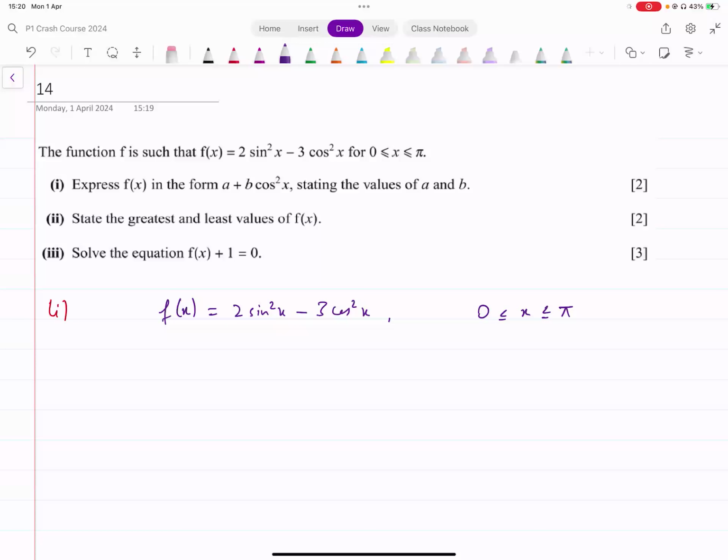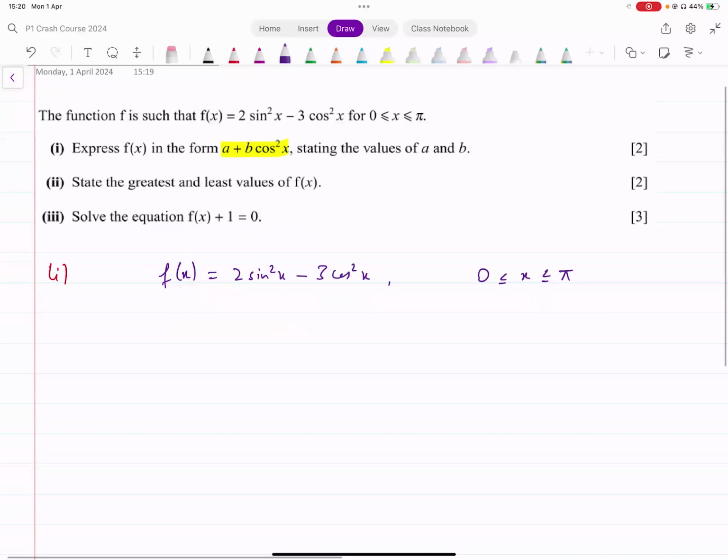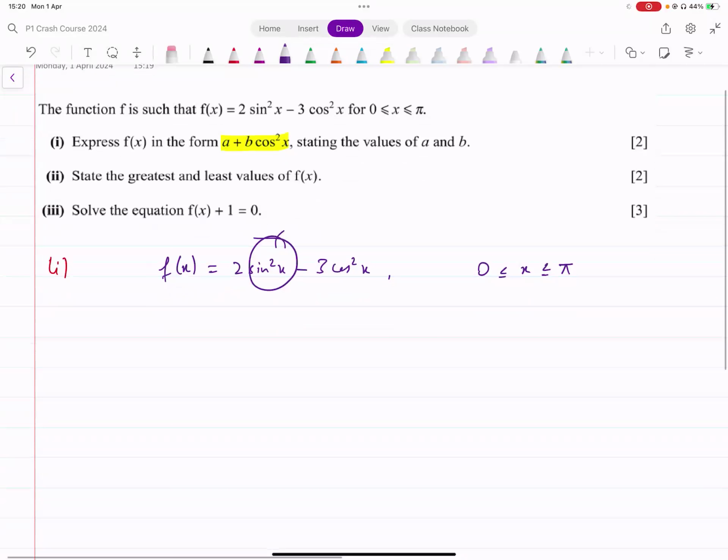In the first part, it says, express f of x in the form a plus b cos square x, stating the values of a and b. So first of all, you need to convert this function to only in terms of cos squared. Now, how can we do that? We have sine square here. We can use sine square equals 1 minus cos square to convert this.